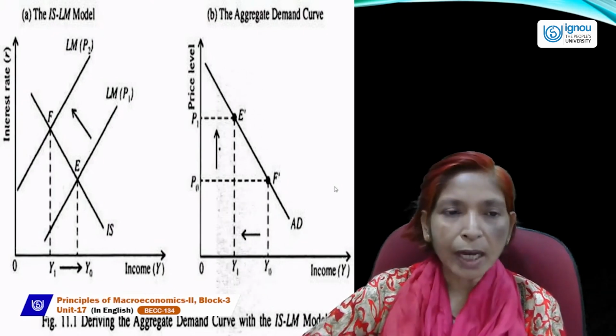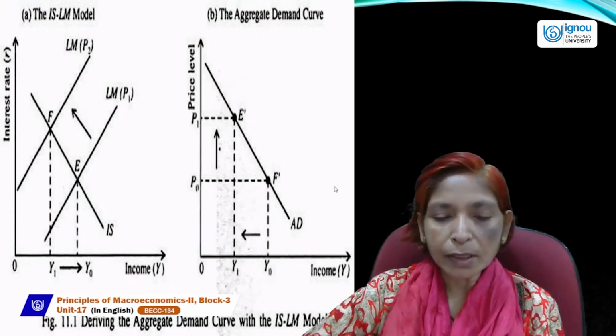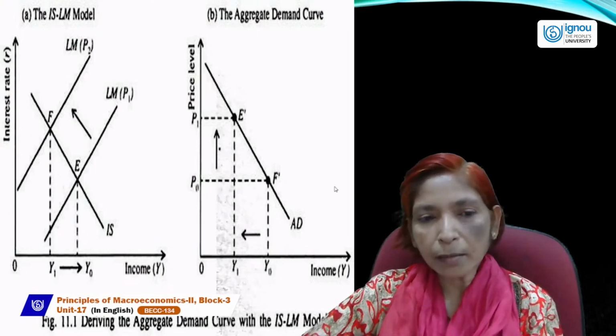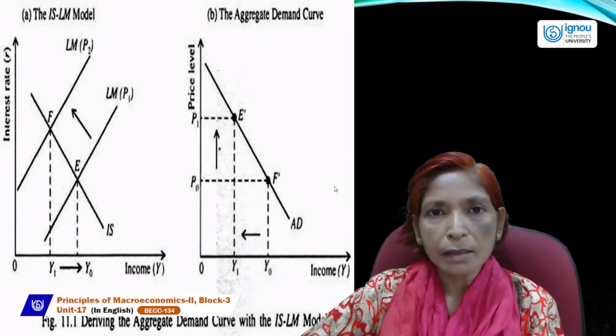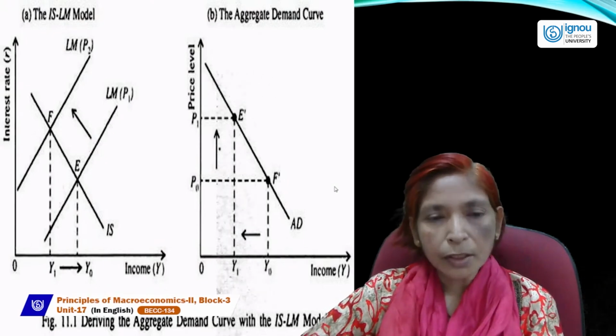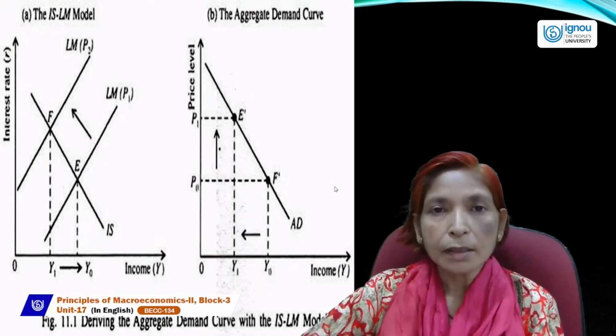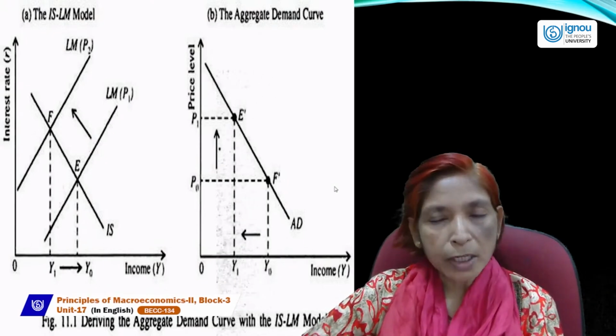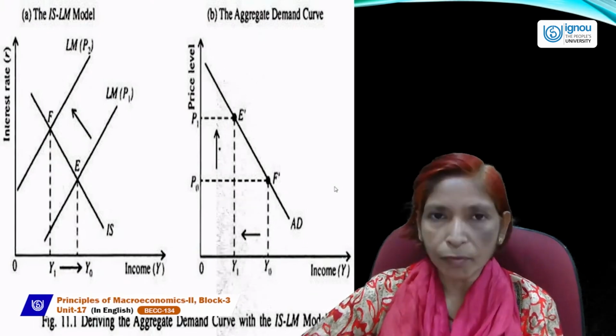On the next curve, we have written price level on the y-axis and income on the x-axis. At a higher price, demand will fall. Due to the fall in demand, production will fall, employment will fall, and further income will fall.